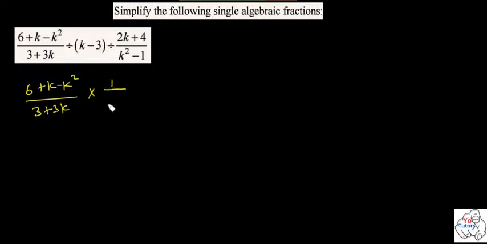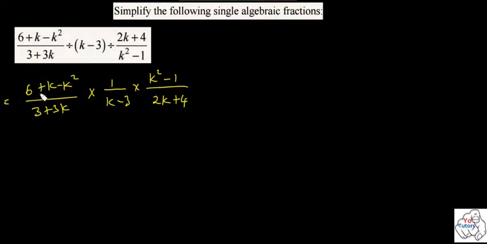So now it's 1 over k minus 3 times k squared minus 1 over 2k plus 4. Now we can simply factorize each of them separately.